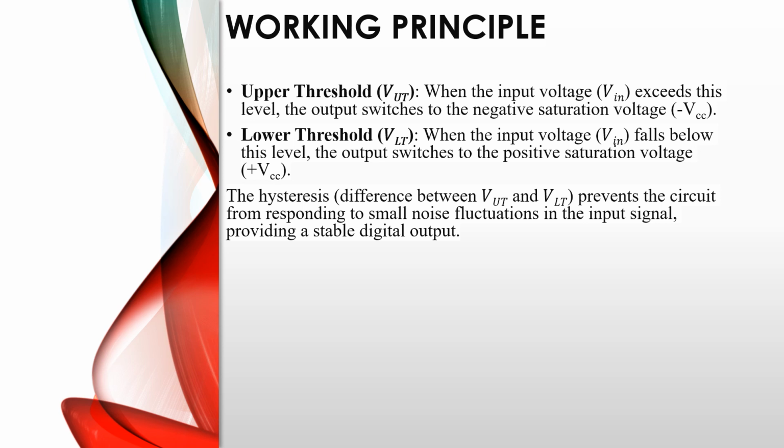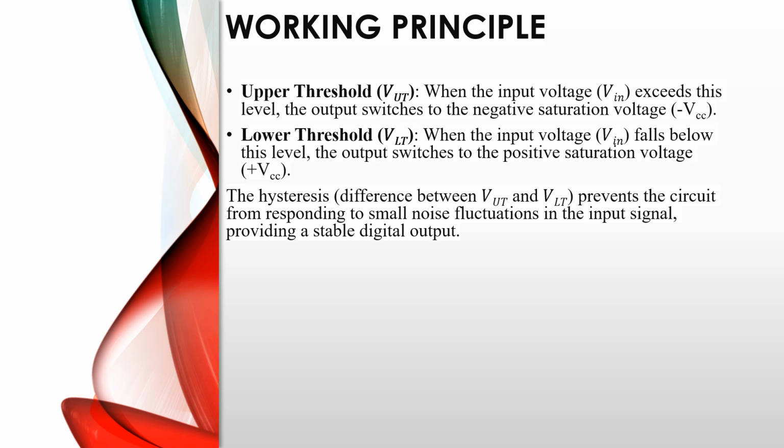The other is the lower threshold voltage: when the input voltage falls below this level, the output switches to positive saturation voltage, that is plus VCC. And what is the hysteresis? Hysteresis is the difference between the upper threshold and the lower threshold voltage level. Why do we use this hysteresis loop? To prevent the circuit from responding to small noise fluctuations in the input signal, thereby providing a stable digital output.